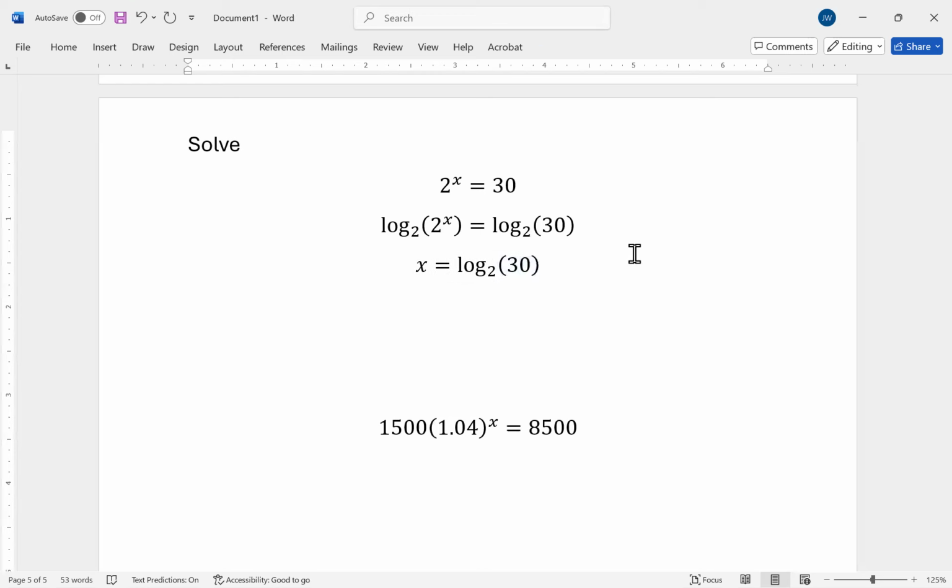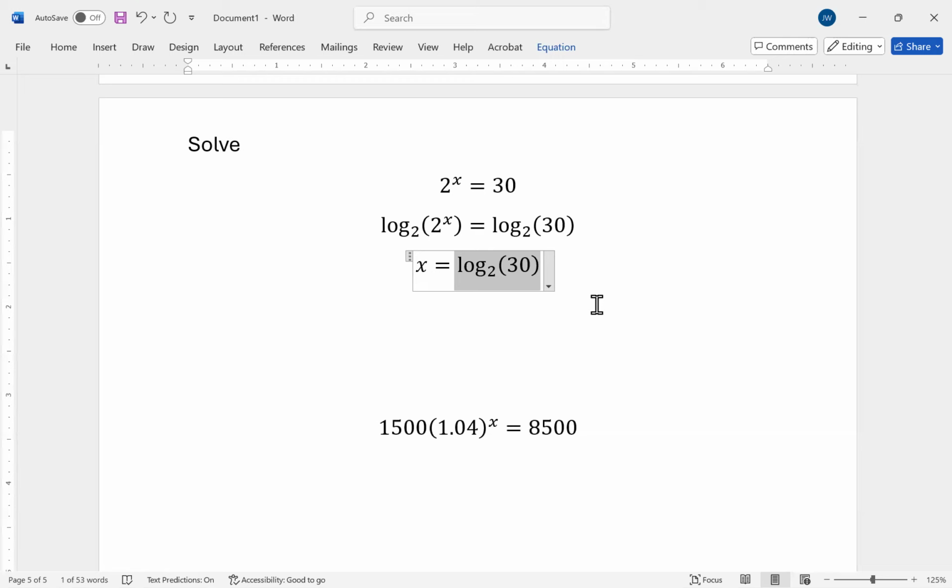Now that is just a real number. And if I wanted to calculate it, there's a couple of ways I could get a decimal approximation. One way is if we can do log base 2 on our calculator, then you can just calculate with log base 2 if possible.